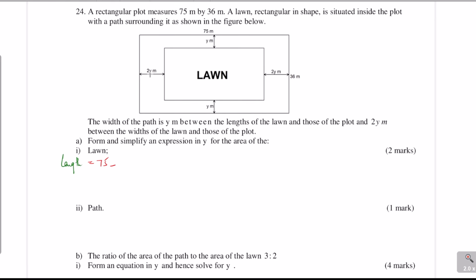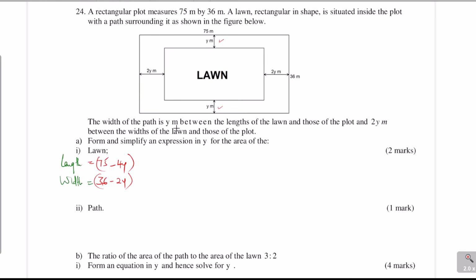We have 2y meters and 2y meters, that is 4y meters. So that will be the length of the lawn. Then the width. The width of the rectangle is 36, and then there is this part that is y meters plus y meters, that is 2y. So you subtract that, you remain with the width.